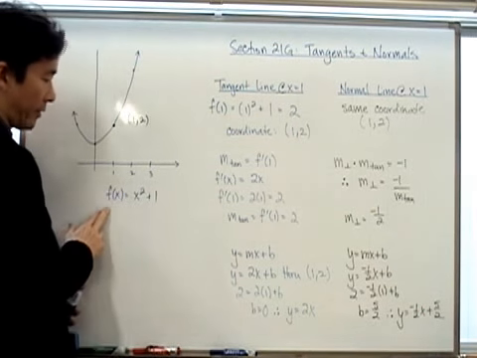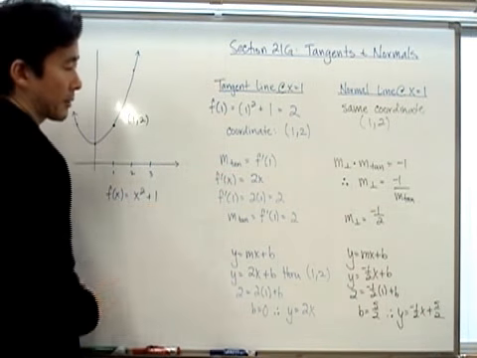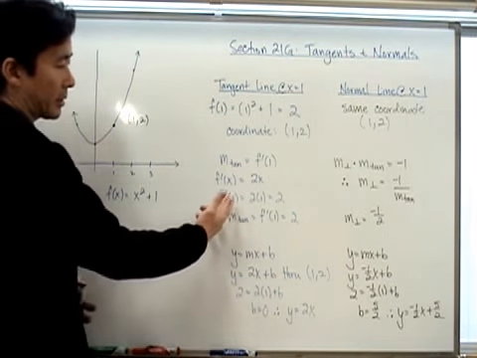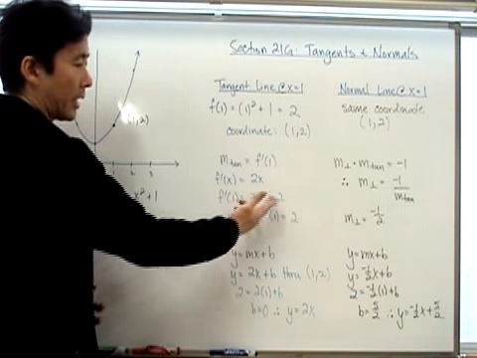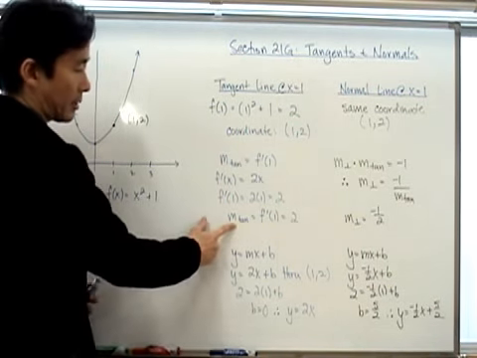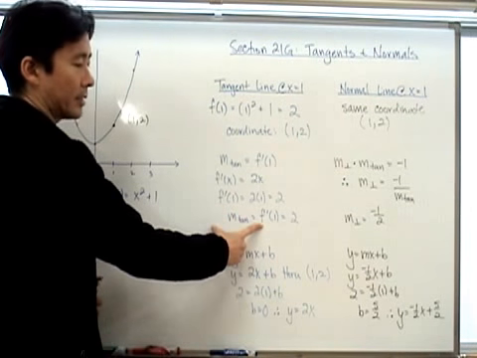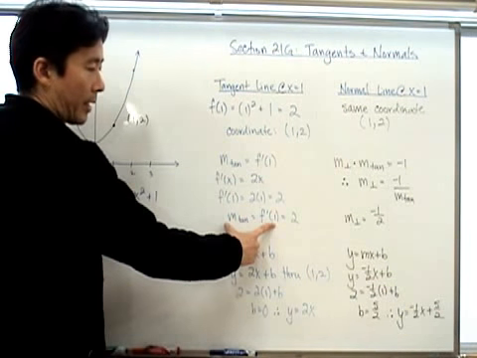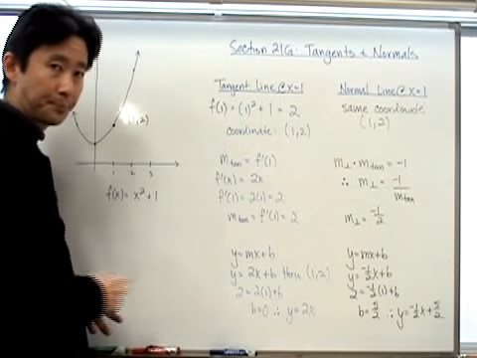The derivative of f of x is just 2x. If I substitute the value of x to be 1, I come up with the value of 2. So notice that the slope of the tangent, which is the same thing as the derivative at 1, is 2.